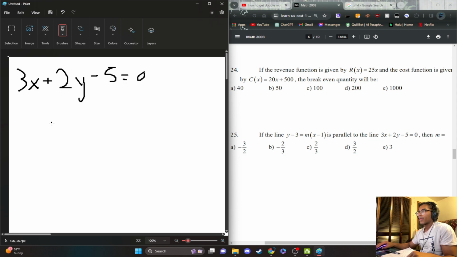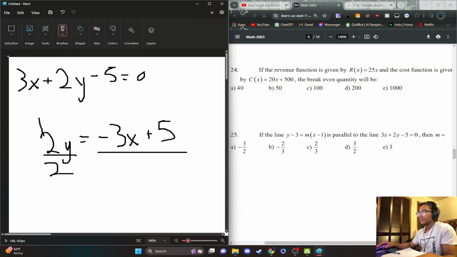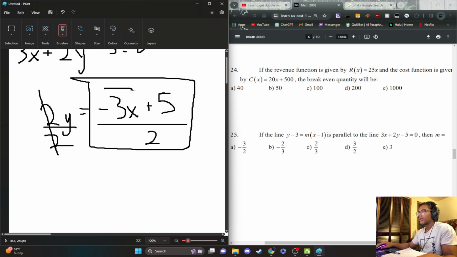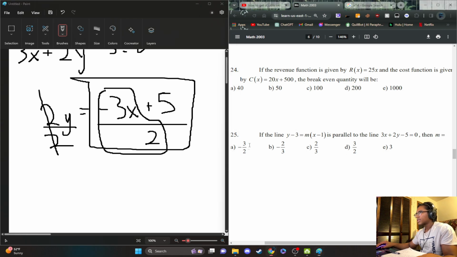You try to get y isolated, so you subtract 3x and 5 on both sides. So you have 2y equals negative 3x plus 5, then divide by 2. There you go, your slope is right there, negative 3x over 2. Negative 3/2 is A.